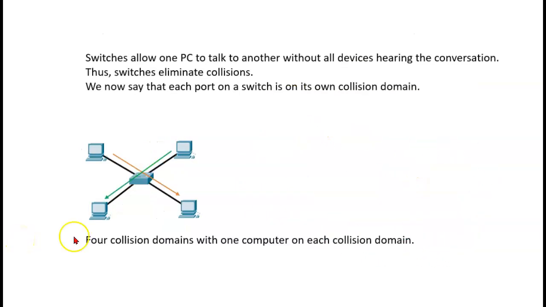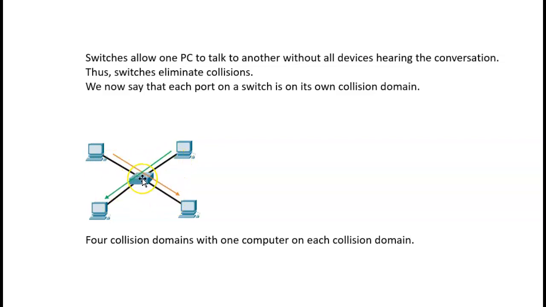Eventually, switches came along. Now, switches have the capability of allowing one computer to talk to another computer and nobody else hears the conversation. So we can have two different conversations going across these different cables and there are no collisions. These are completely separated cables.